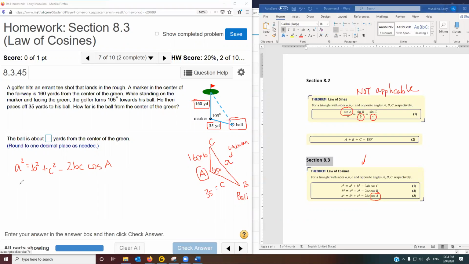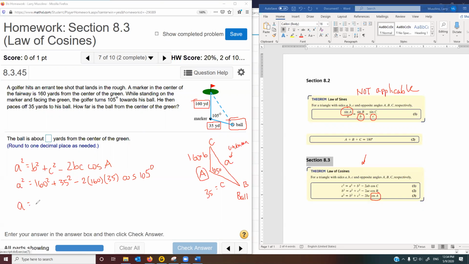Let me plug in what we know. Side B is 160. Side C is 35. And cosine A is cosine 105 degrees. Okay? But of course, we want side A. We don't want A squared.